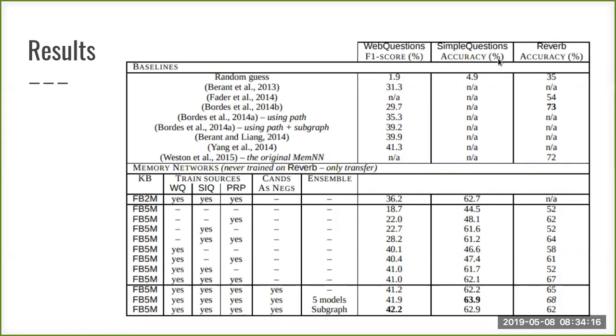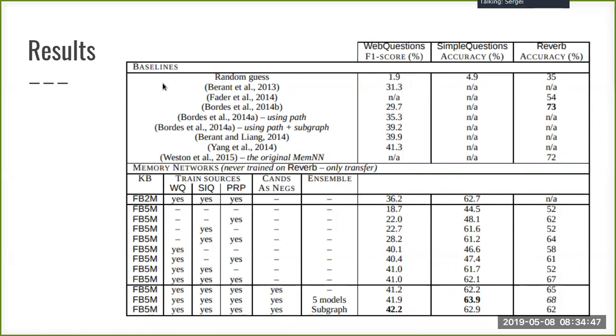And I think there is a typo here as well. As you see, they show the random guess setup and they have 35 here, which hopefully is 3.5. Because if it is 35 for random guessing, that means the quality of questions is terrible, or there are a few combinations, three choices of answer.